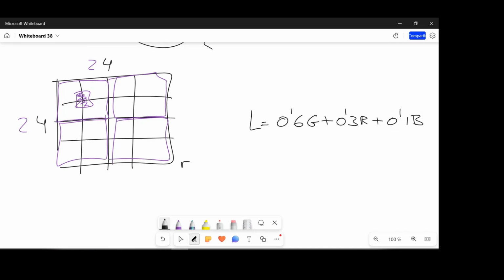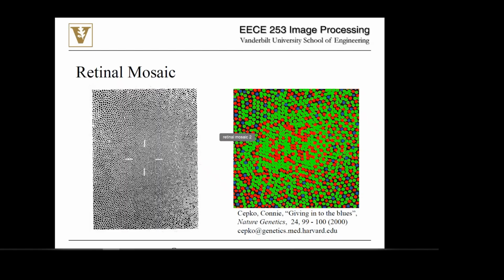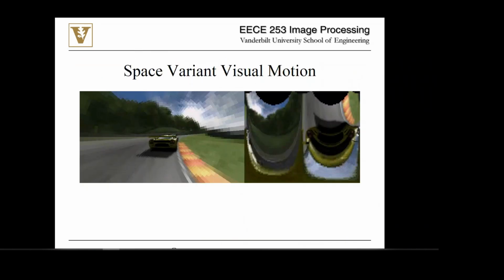We have many more green cones than red cones and blue cones, and more red than blue. So we should give more weight to green, and then to red, and then to blue, because we are not so sensitive to blue.